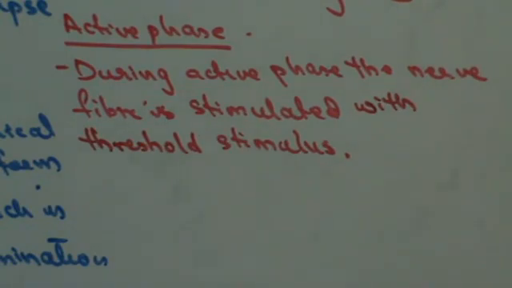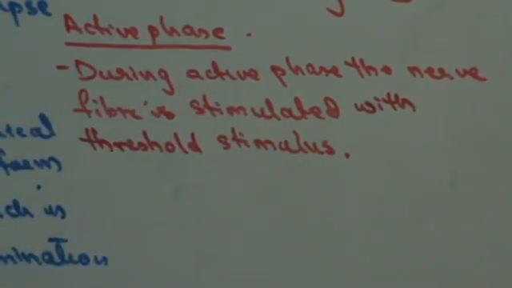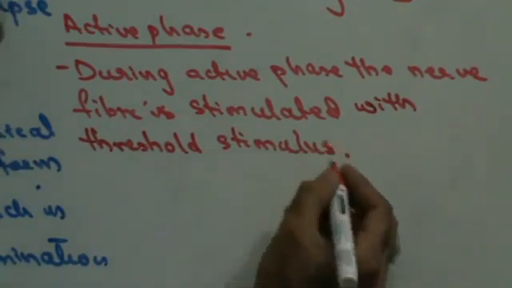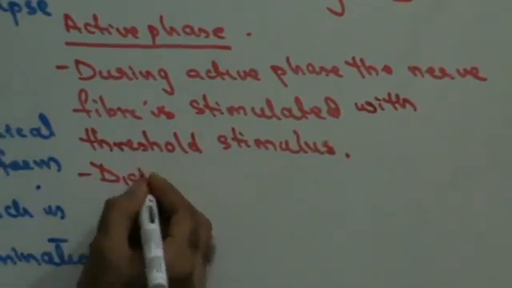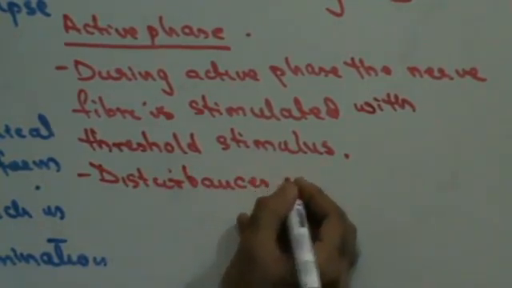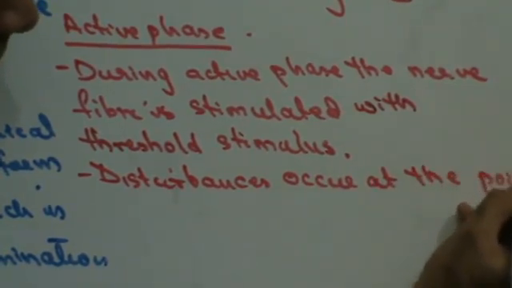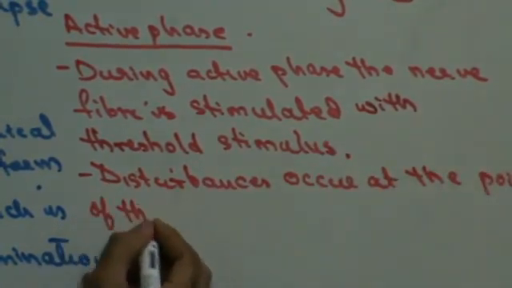How will this potential be developed? This potential is going to be developed because of the disturbance that is going to be caused in the sodium ion concentration. How? During the active phase, the nerve fiber is stimulated with a threshold stimulus.